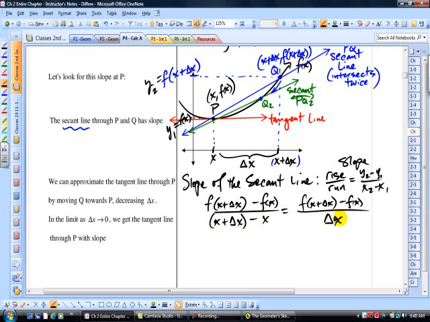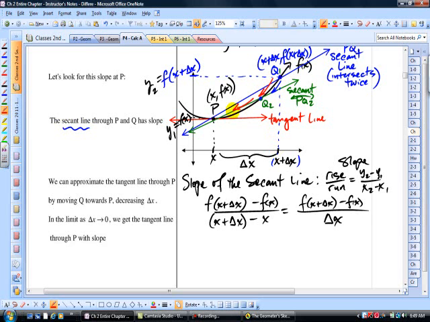Now what we want is to find the slope of the tangent line. Okay, well that's easy to do, because the slope of the secant line is a good approximation for the slope of the tangent line. All we have to do is move Q1 infinitely close to P. We want to slide it down here and get it infinitely close to P. Well, how do we do that?